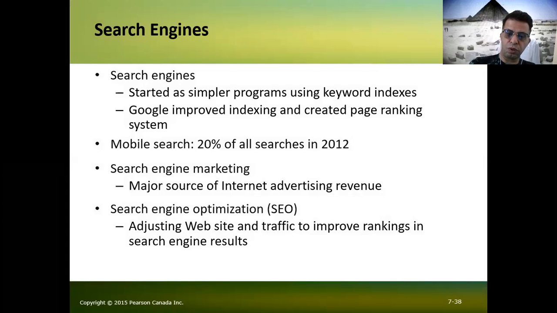Mobile search was about 20% of all searches in 2012. 30% of people who go inside a store check the internet to see and compare prices, or talk to their friends. So it's an increasing number. I assume now it's pretty high. Search engine marketing is a major source of internet advertising revenue.